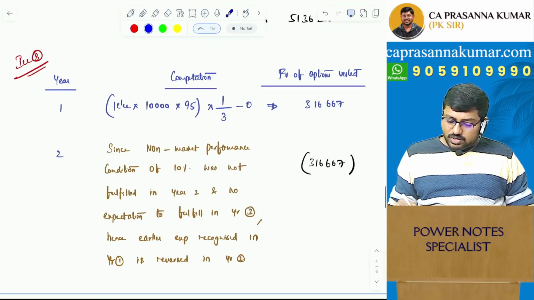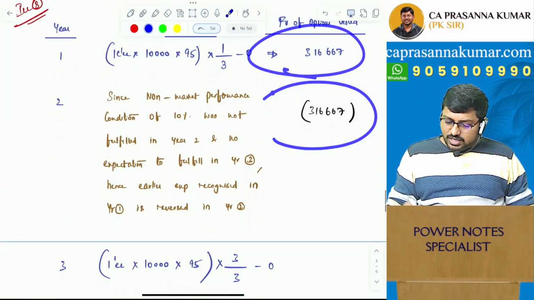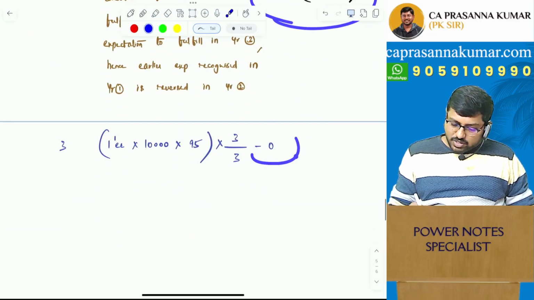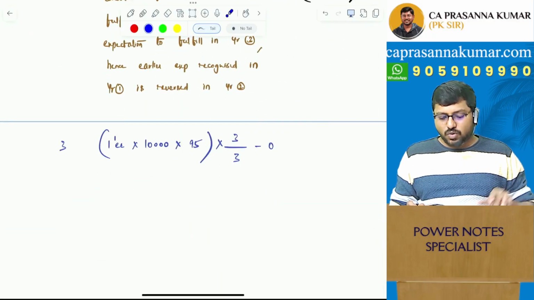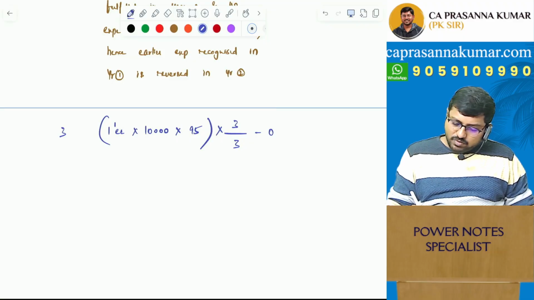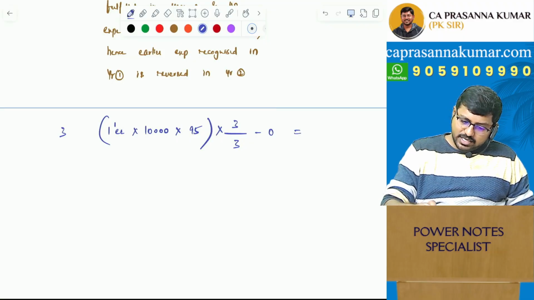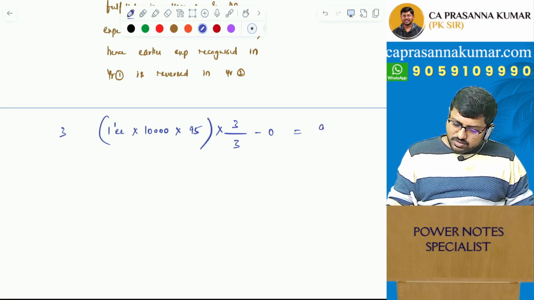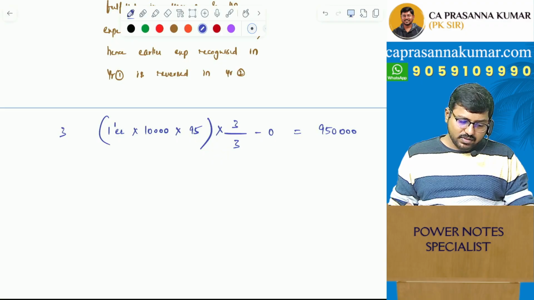Why? Because whatever you have recognized in year 1, you have already de-recognized in year 2, which means whatever you have recognized is 0. So the entire expenditure will be recognized in year 3 itself, which means 95 into 10,000 into 3 by 3 is 1 only, na? So 9,50,000 will be debited to the P&L in year 3 itself.